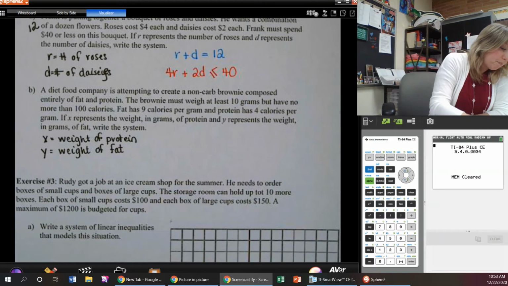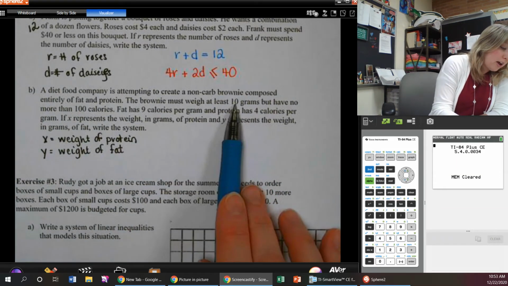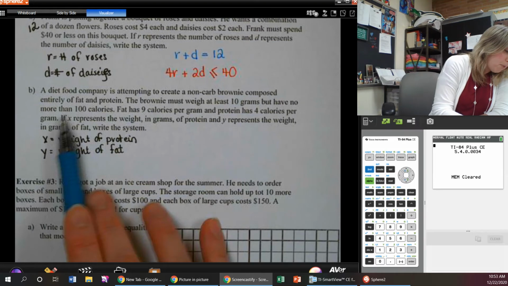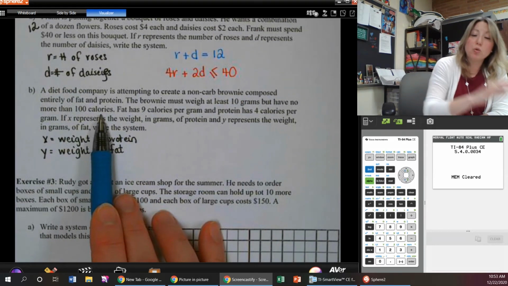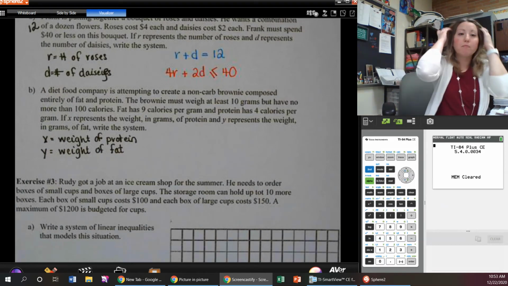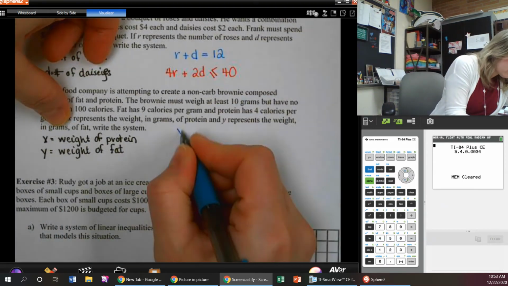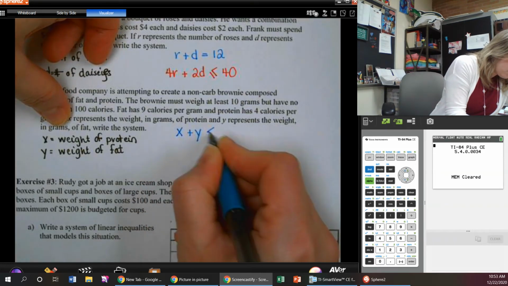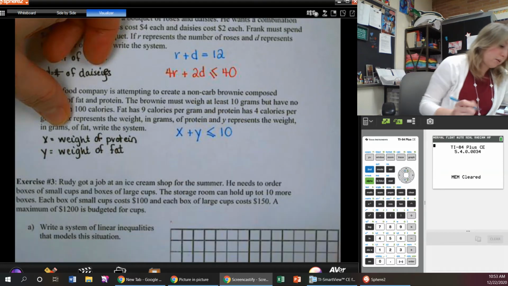Okay, now we need to have the brownie weigh 10 grams, but no more than 100 calories. So let's start with the 10 grams, right? Because each of these weights are in grams. So X plus Y has to be less than or equal to 10 grams.